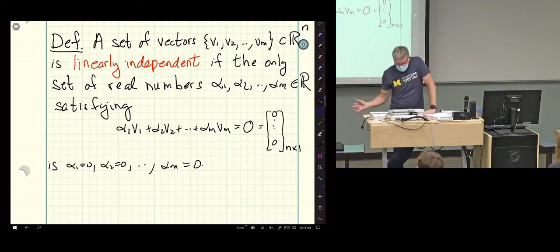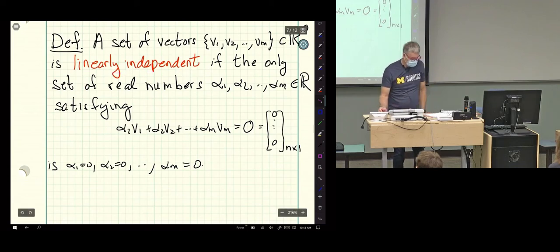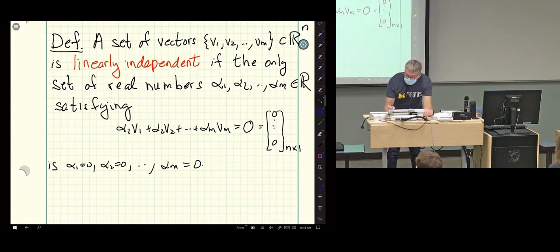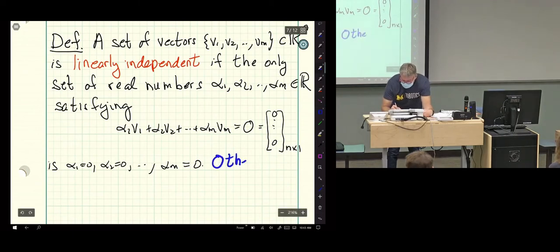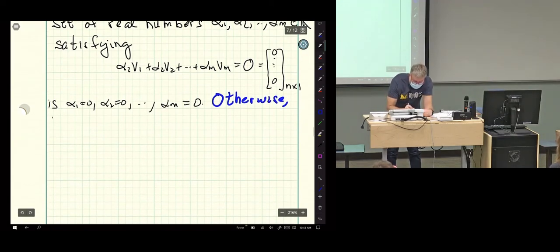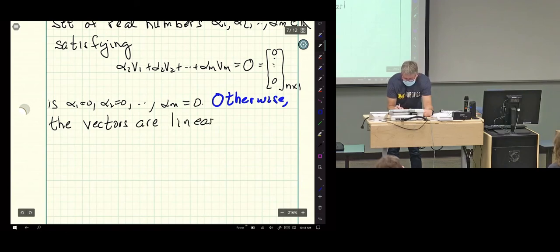If that's the only way you can get the zero vector, then they're linearly independent. Otherwise, the vectors are linearly dependent.